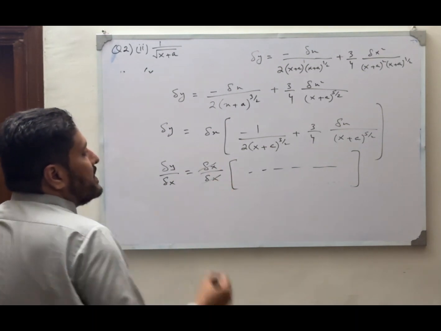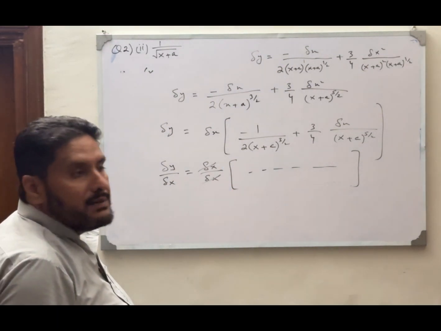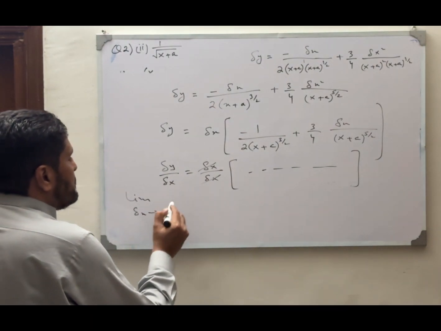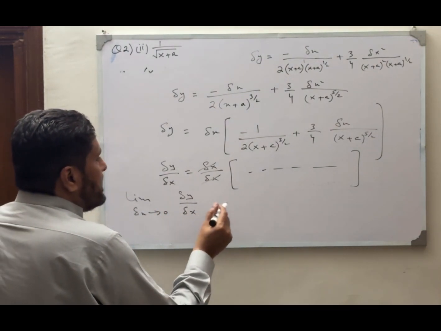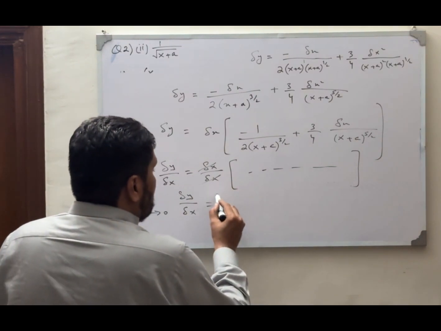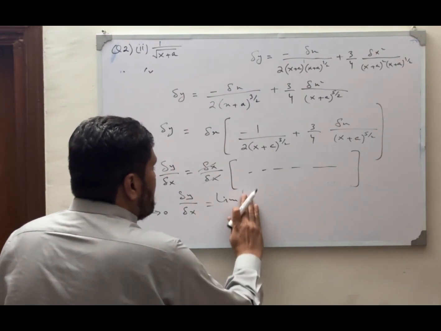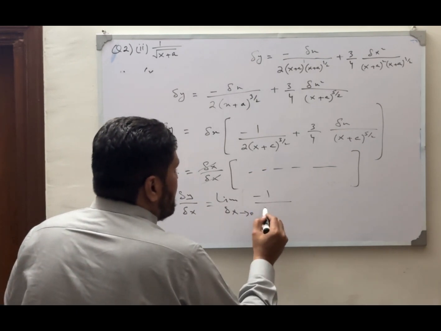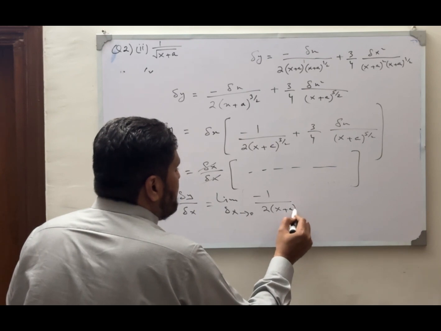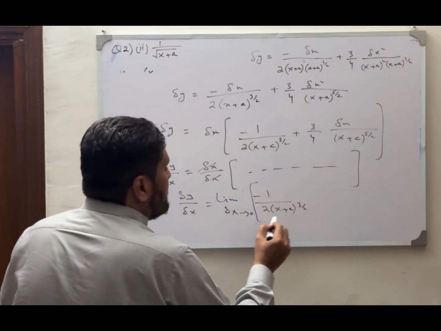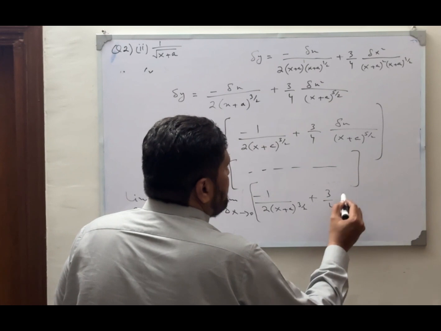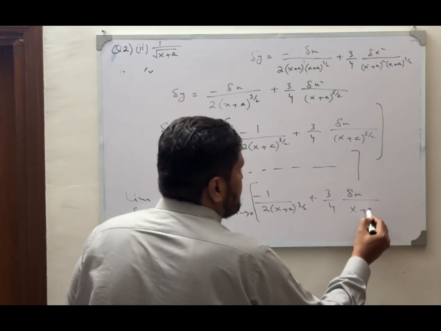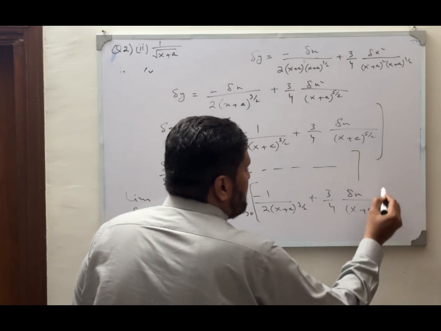So this will be cancelled, and at the end, by applying the limit on both sides of the equation, we have limit delta x approaches 0 of delta y by delta x, that is equal to limit delta x approaches 0 of minus 1 by 2 into (x + a) power 3 by 2 plus 3 by 4 into delta x by (x + a) power 5 by 2.